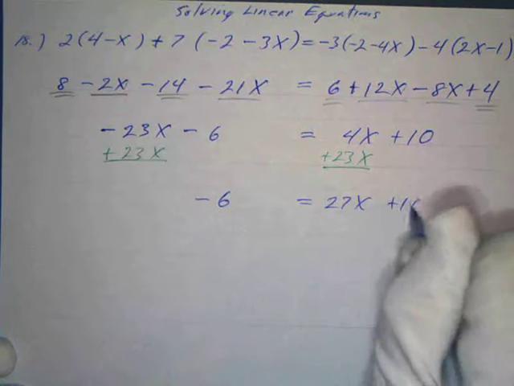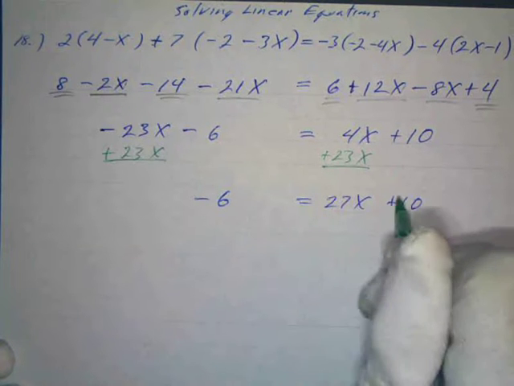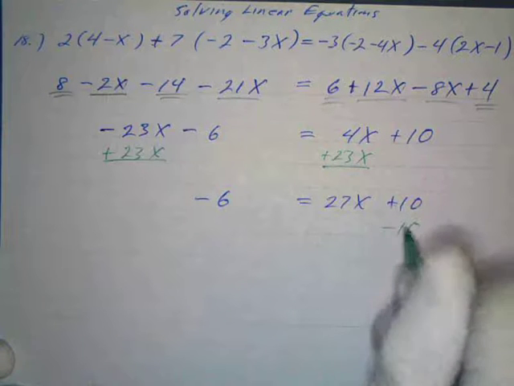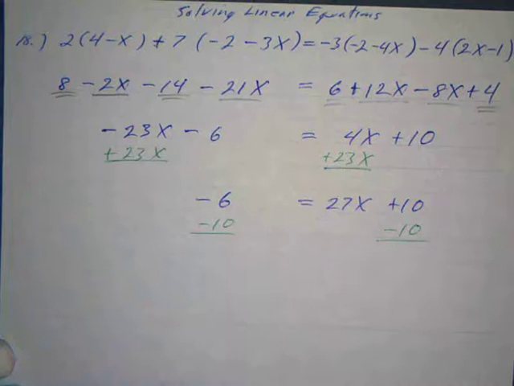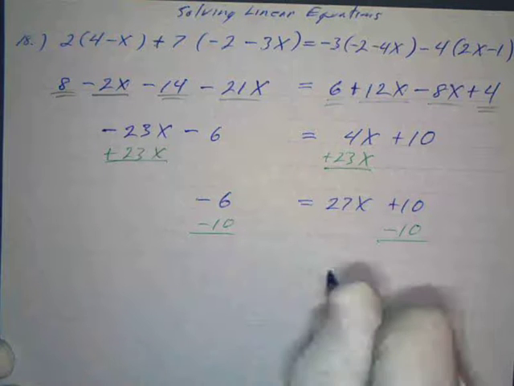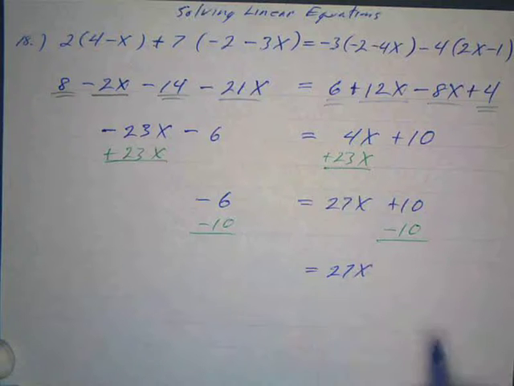plus 10. And now I've got a 2-step equation, subtract 10 from both sides to get all my numbers on the same side. The opposite of addition is subtraction. And on the right I've got 27x. And on the left I've got negative 16.